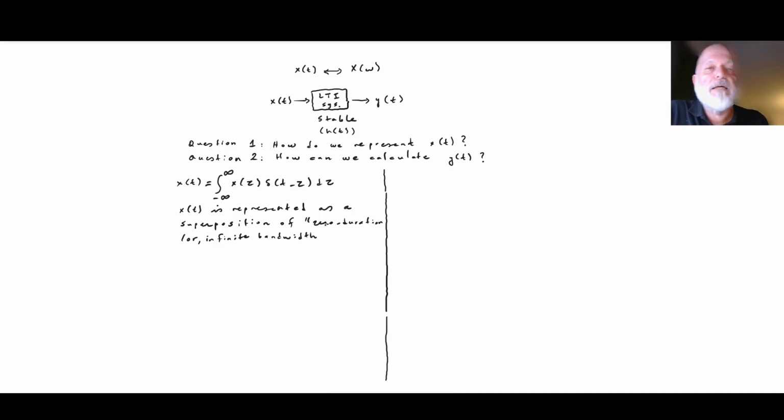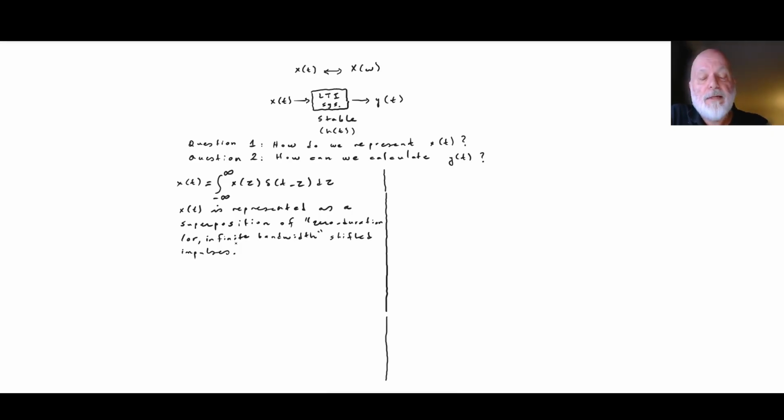That means the Fourier transform is non-zero over the entire frequency range from minus infinity to plus infinity.